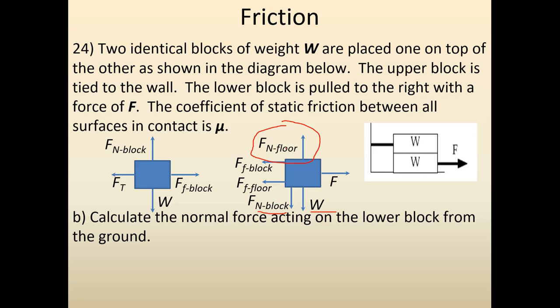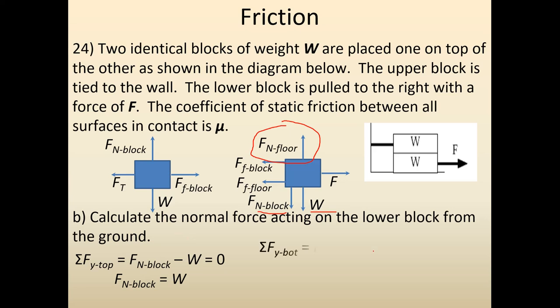So before I can figure this out, I need to figure out what the normal force from the block is. Using the top block, sum of the forces equals 0, the normal force from the block minus the weight. Therefore, the normal force from the block on the top is equal to W.